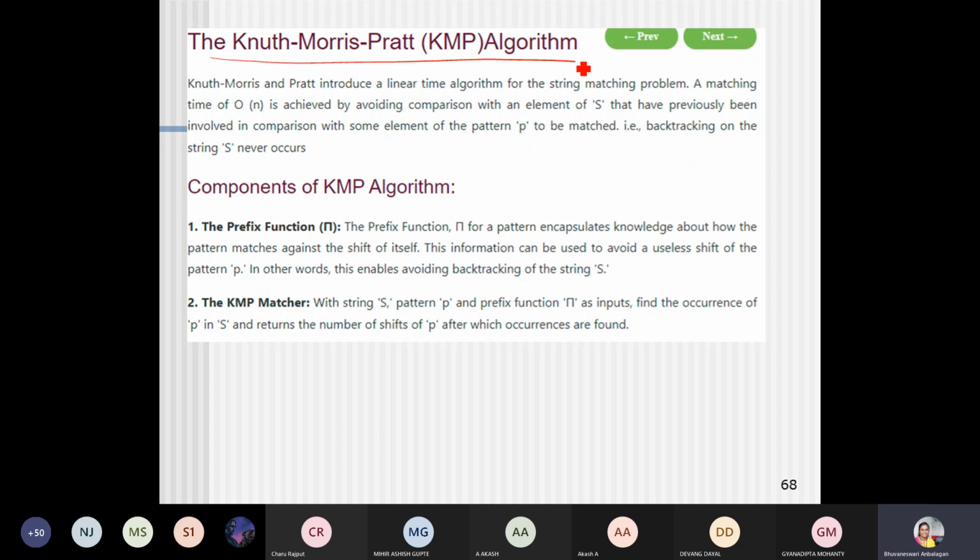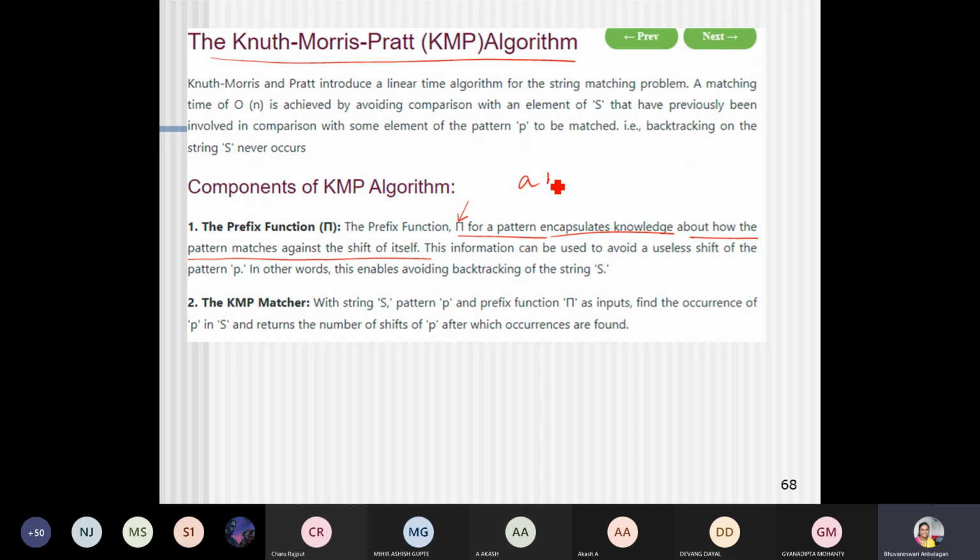This algorithm applies the prefix function to a particular pattern, and it encapsulates the knowledge about how the pattern matches against shifts of itself.